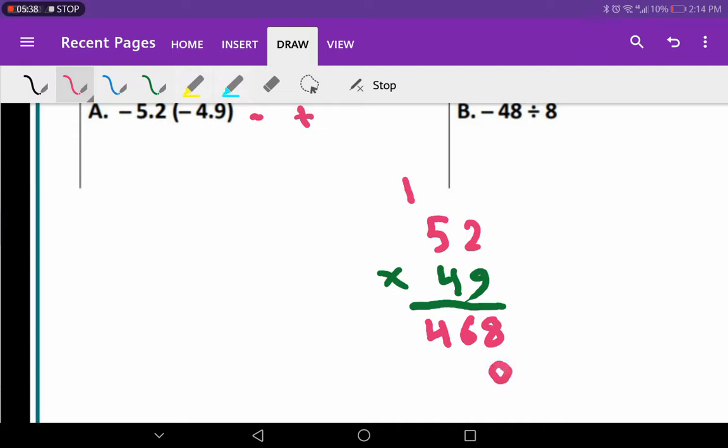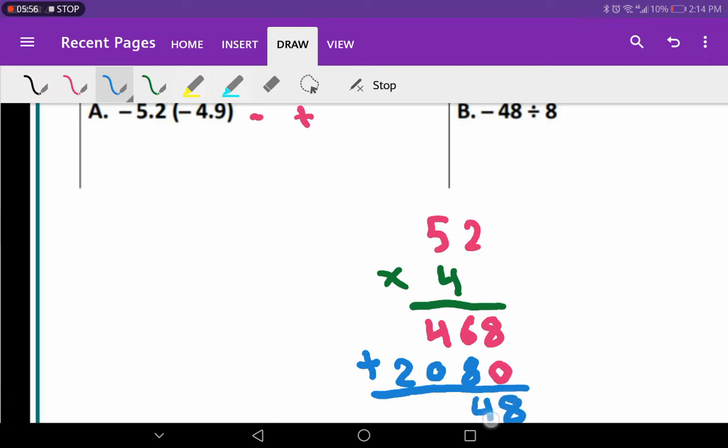Don't miss the 0 here. We are done from the 9. Now 4 by 2 equal 8. And 4 by 5 equal 20. And then we add 8, 14, 5, 2. So the answer is 2, 5, 4, 8.